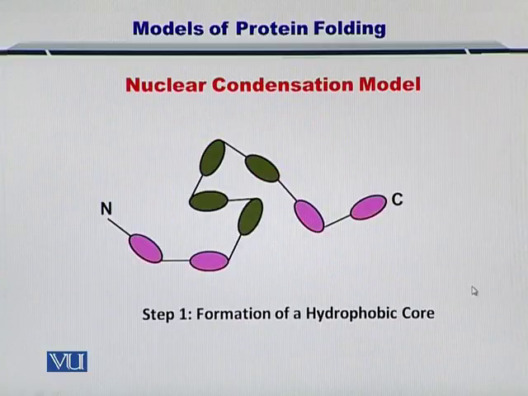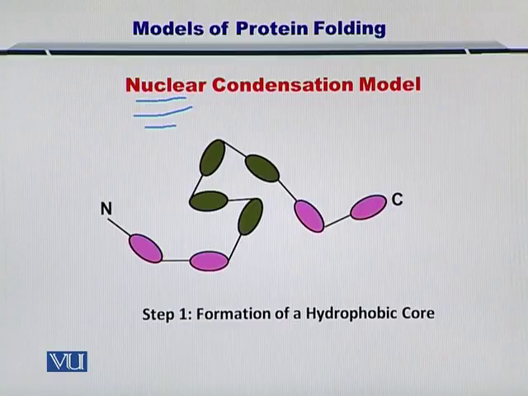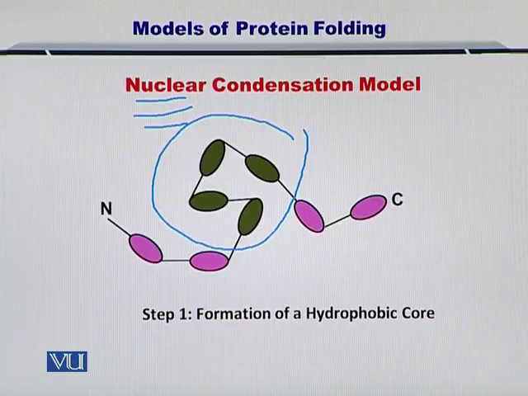Next, there is the nuclear condensation model. In the nuclear condensation model, the first step is that all the hydrophobic cores are collected and they form a nucleus. Therefore, it's called the nuclear condensation model, because a nucleus gets formed first, followed by the addition of other residues.